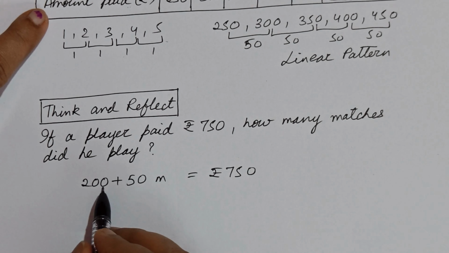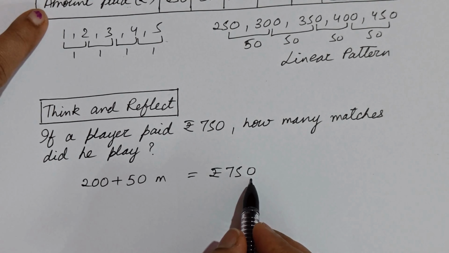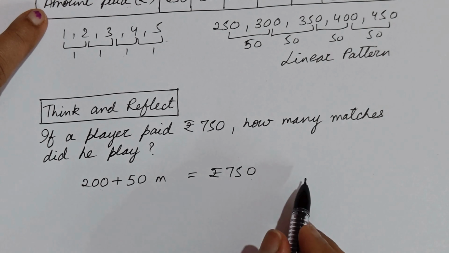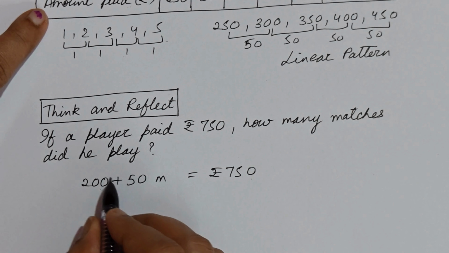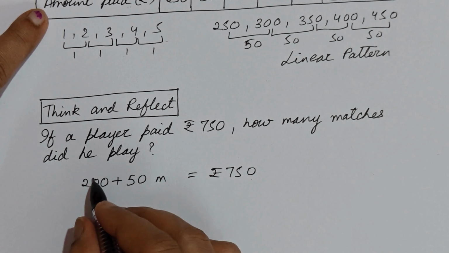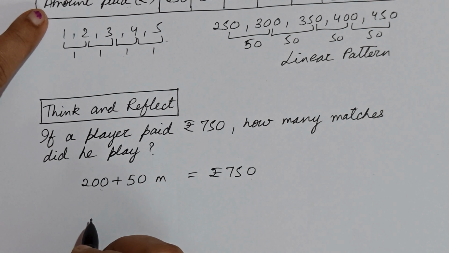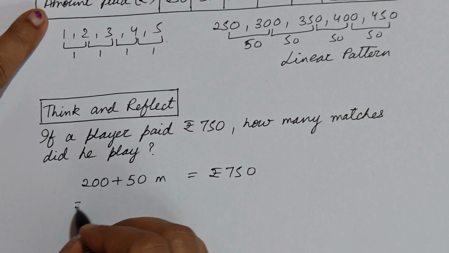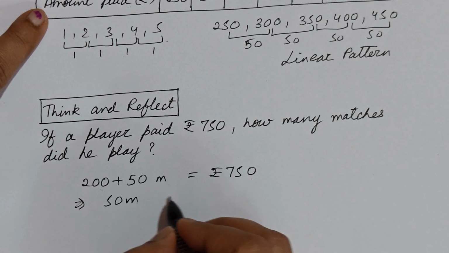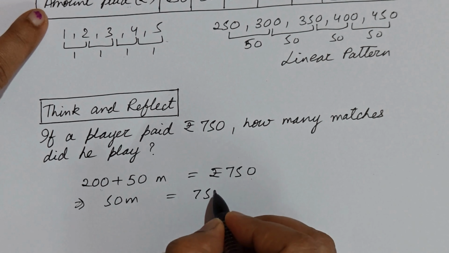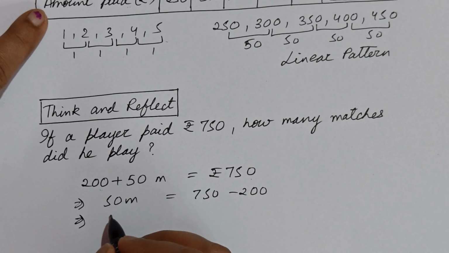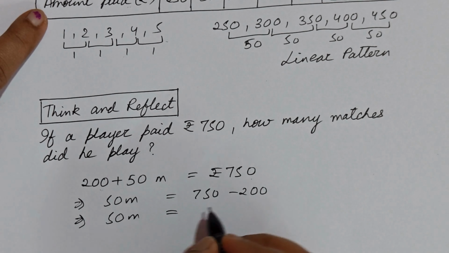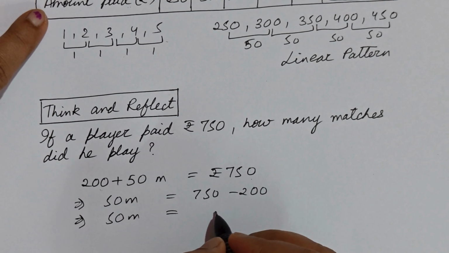This is a constant term, this is also a constant term, so I can move 200 from left to right and subtract. Because the sign of 200 is positive, when it moves to the right hand side it becomes negative. So I will write 50m is equal to 750 minus 200.